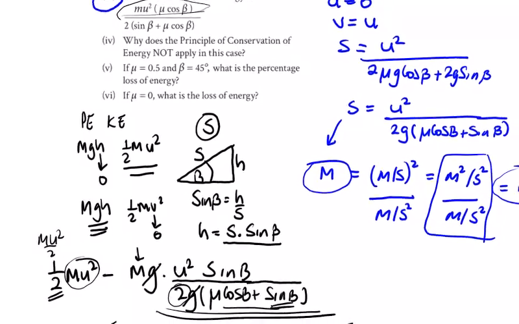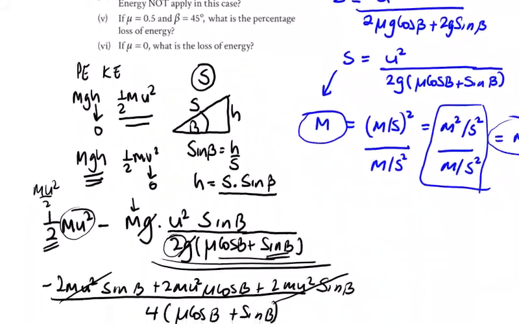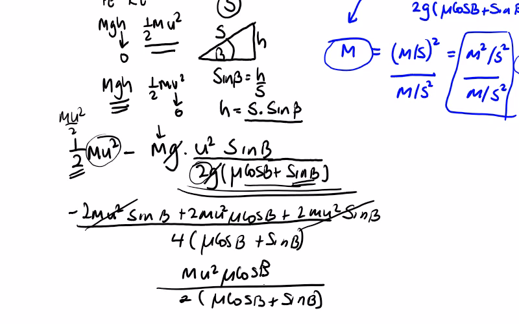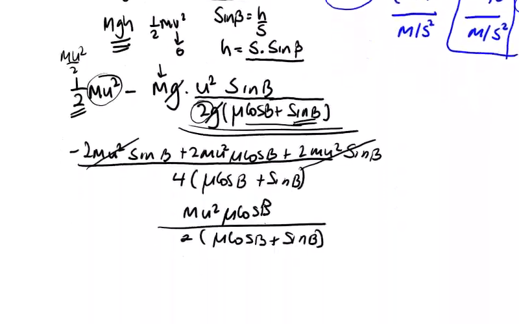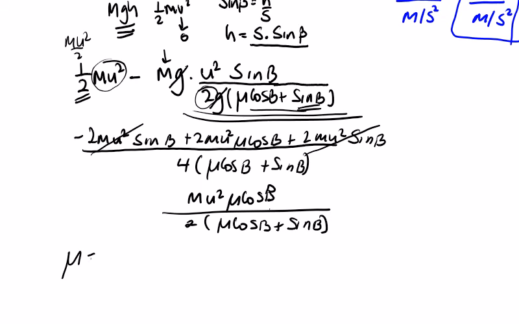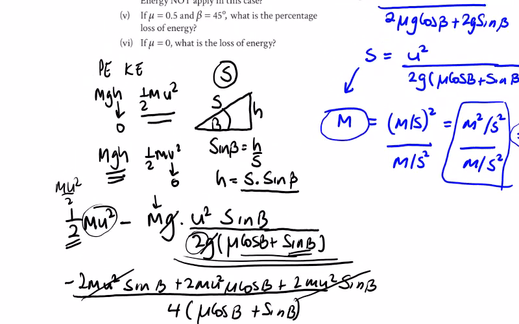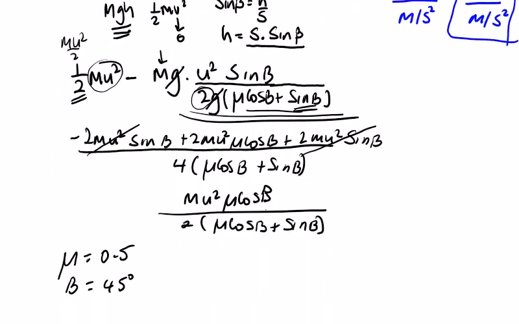Okay, why does the principle of conservation of energy not apply in this case? Well, what other forces have we got acting on the system? We have mu, which is friction. And then if mu is 0.5 and beta is 45, mu is equal to 0.5, and the angle is equal to 45. What do they ask? What is the percentage loss of energy?